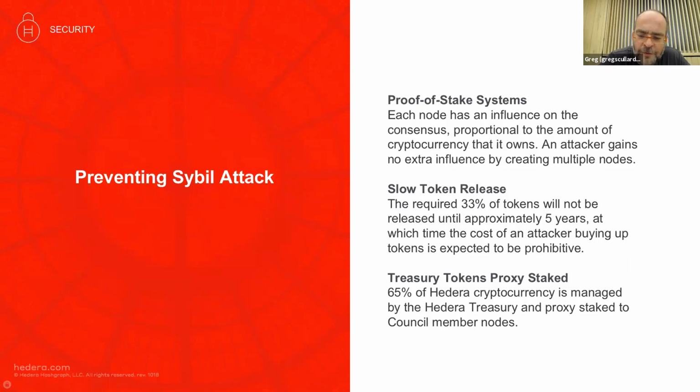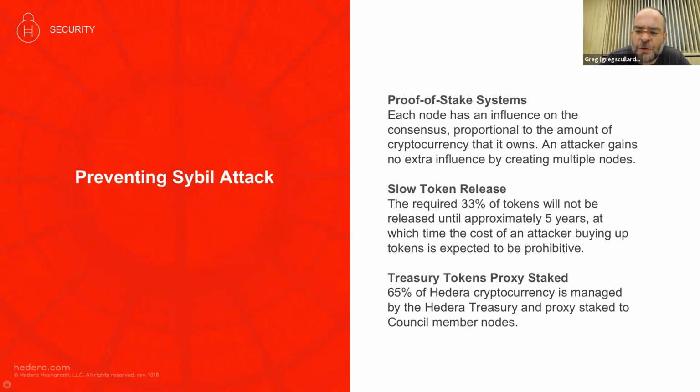There is, however, the possibility that somebody could centralize cryptocurrency, which could negatively impact the network. By centralizing the cryptocurrency, what we mean is somebody could amass sufficient cryptocurrency that they could spin up a number of nodes and stake all of their cryptocurrency and essentially take over consensus.